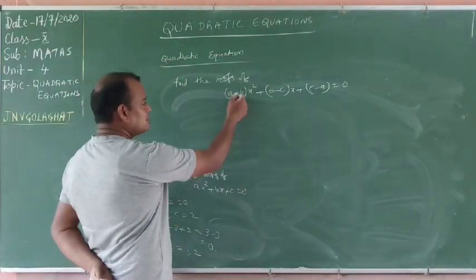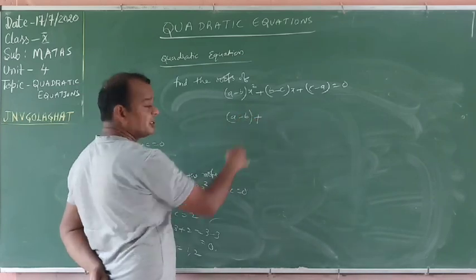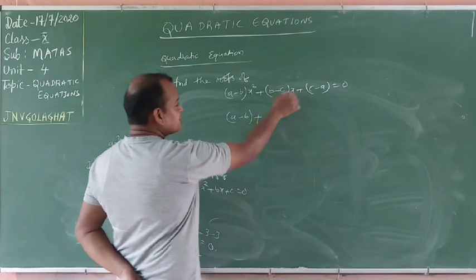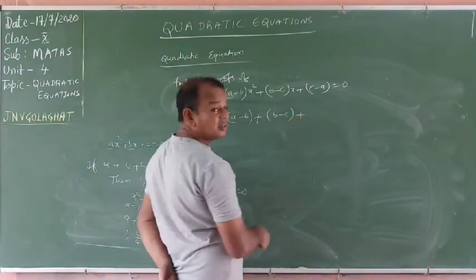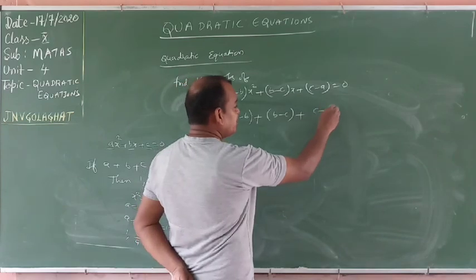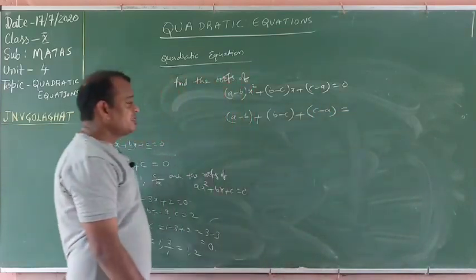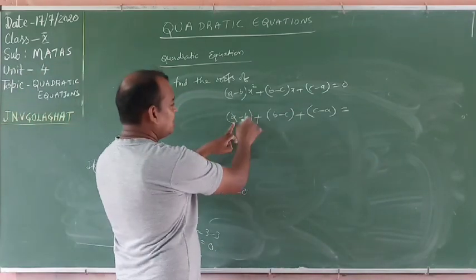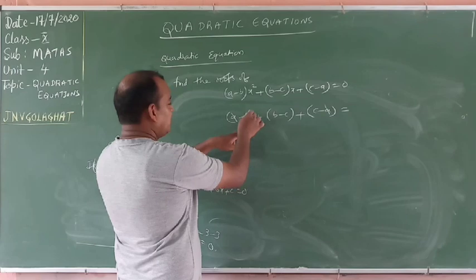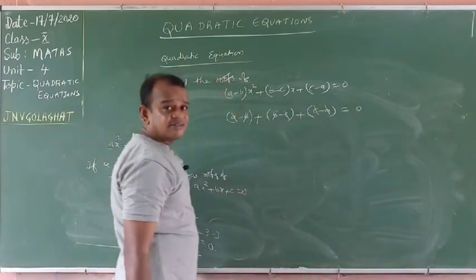The x square coefficient is a minus b, plus adding the x coefficient b minus c, plus c minus a. Adding, what happened? a minus b plus b minus c plus c minus a. Now, plus a minus a cancel, minus b plus b cancel, minus c plus c cancel. What happened? Answer is equal to 0.